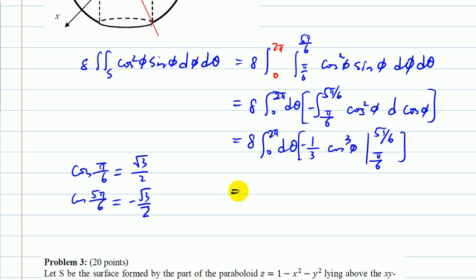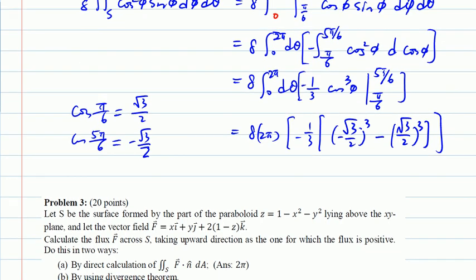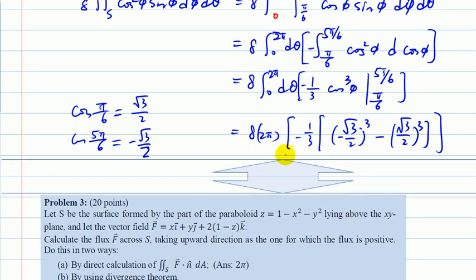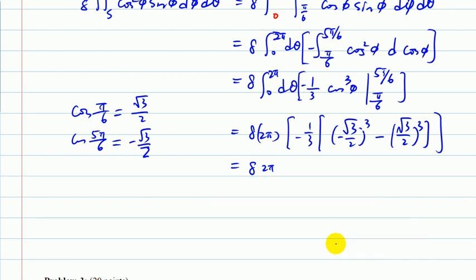So let's take this as 2 pi times negative 1 over 3 times negative square root of 3 over 2 cubed, minus square root of 3 over 2 cubed.